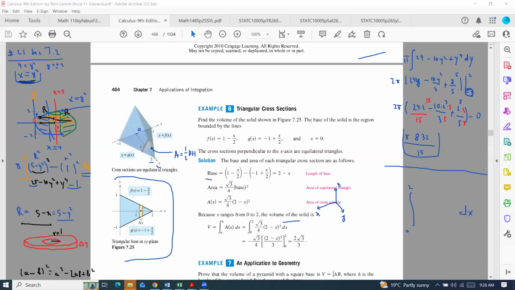So at any point x, since we integrate along the x-axis, we break it into these little rectangles, my base, which is here, right? And my height will be there. And looks like for the height, right away I can say it's the value of the function f of x.